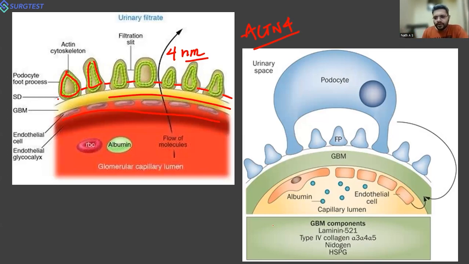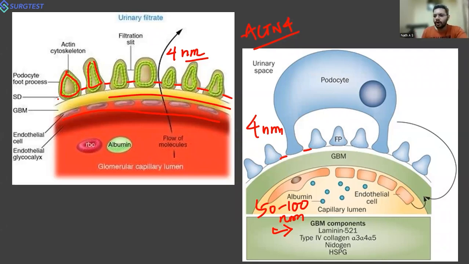One more diagram. So what our dear friend Sarthak has put here. So all that is here: laminin, type 4 collagen, nidogen, heparan sulfate proteoglycans. These are the GBM components. Okay, and you can see your foot process and the slit diaphragms. So remember 4 nanometers. Remember 50 to 100 nanometers. Two things that you have to remember. And how the negative charge is so beautifully, regularly arranged. And when that's gone, there's a problem.